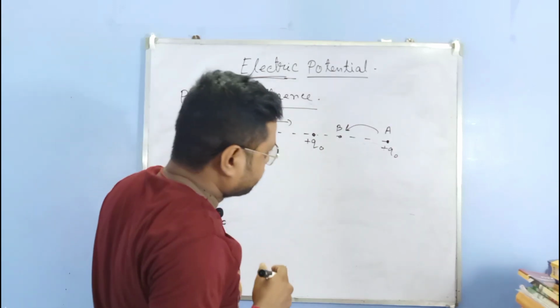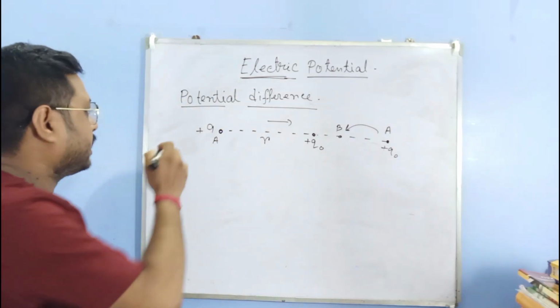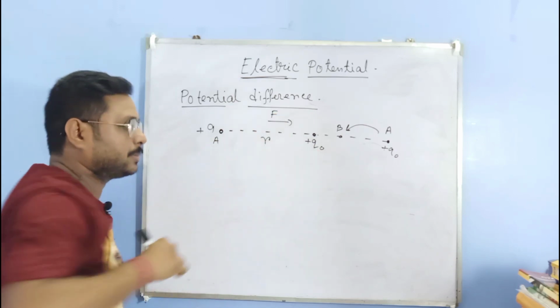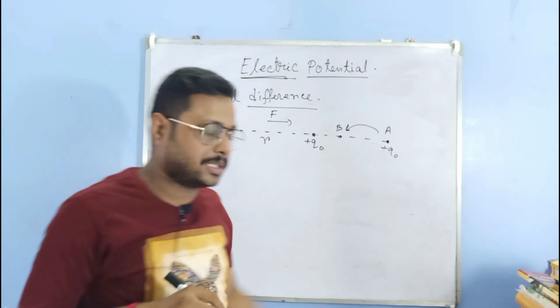Why against electrostatic force? Because this is a positive charge, so the electrostatic force or force of repulsion acts towards the right side.